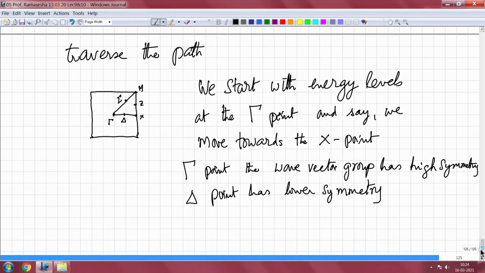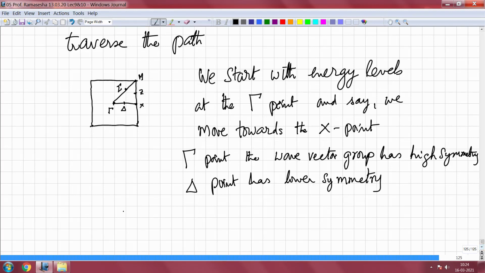So, what happens? Any degeneracy at the gamma point could be lifted.